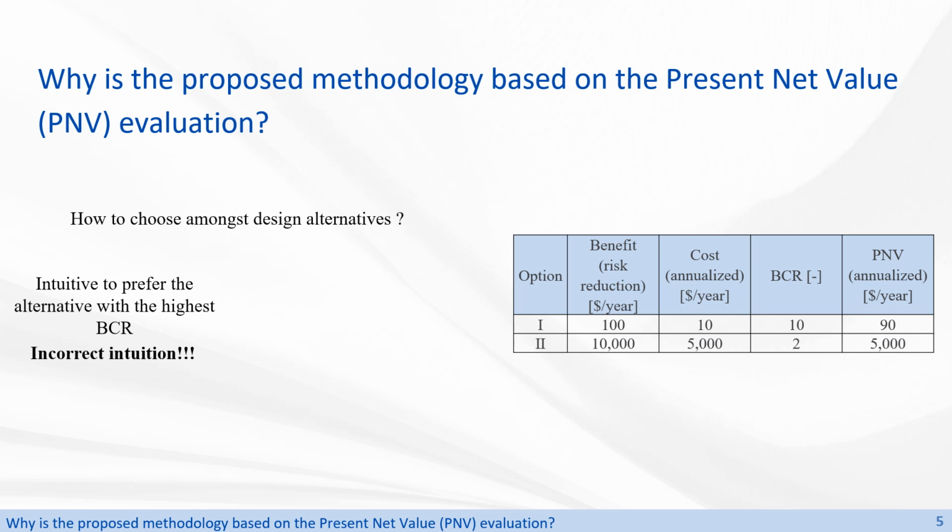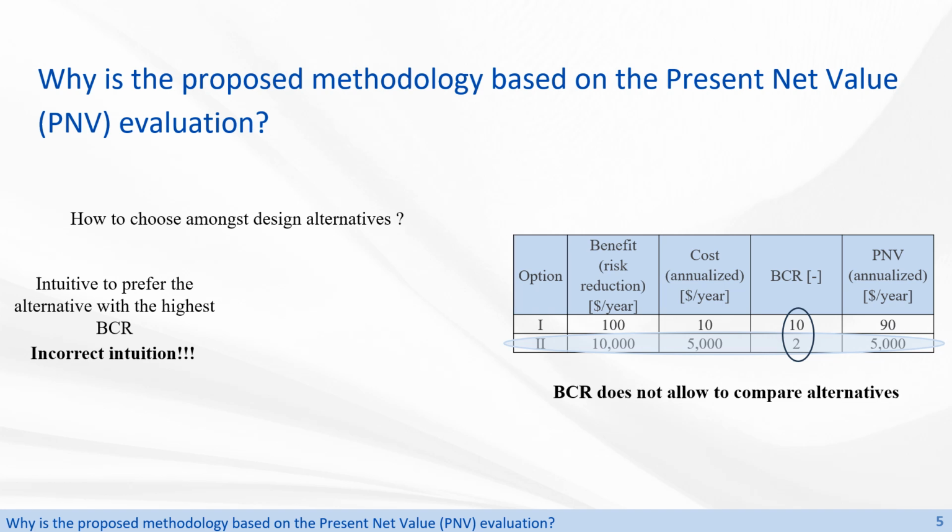It can be seen that option 1 has a higher BCR compared with option 2. However, option 1 only results in a very limited risk reduction benefit. But the much more expensive option 2 can result in more considerable annualized benefits.